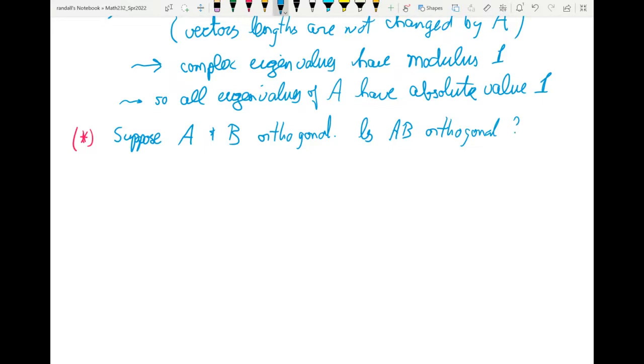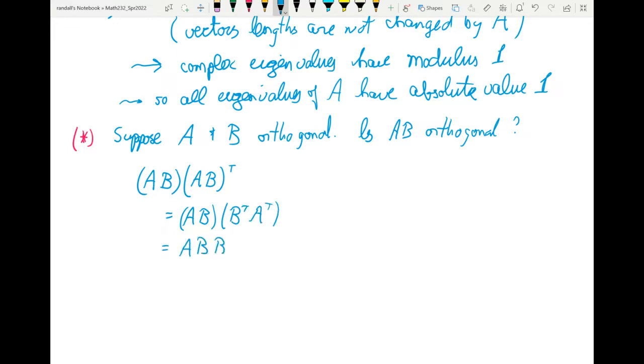Now you know what to do. If someone gives you a matrix, in this case AB, and asks whether it's orthogonal, you multiply it against the transpose of that matrix. Now I'm going to use the property of the transpose, so that's B transpose A transpose, and associativity of matrix multiplication.